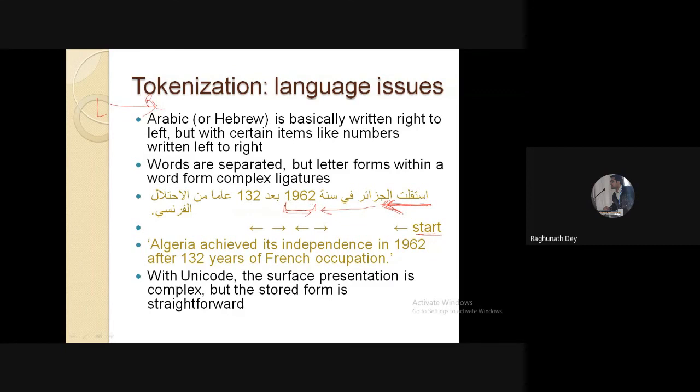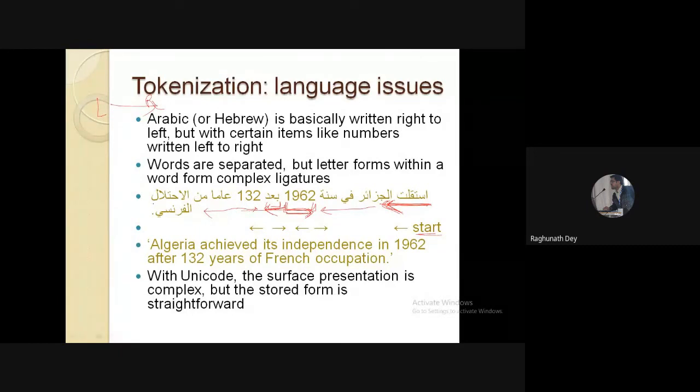1962. It is not 2691, it is 1962. Again, you have moved from right to left, then left to right, then right to left for the characters, again left to right, then again right to left.